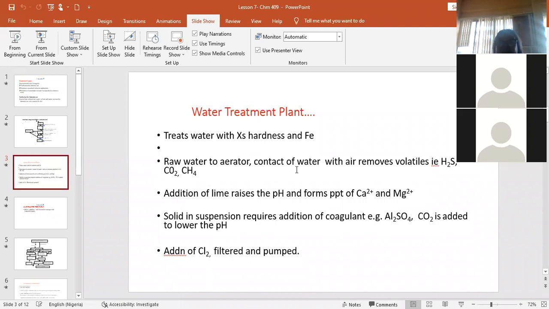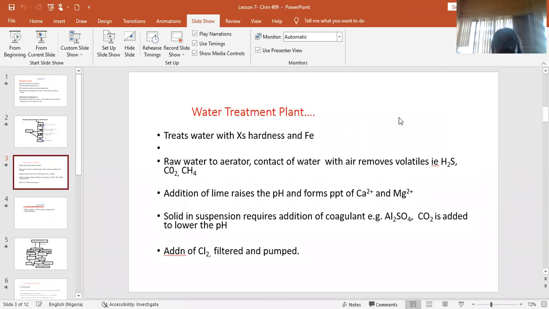When you have contact of the water with air, it removes all the volatiles. It removes your iron, converting it into iron oxide. It also removes some of your other volatiles, like hydrogen sulfide, carbon dioxide, and methane, right inside the water. So that's why aeration is important.